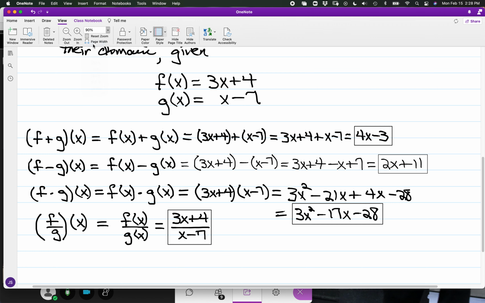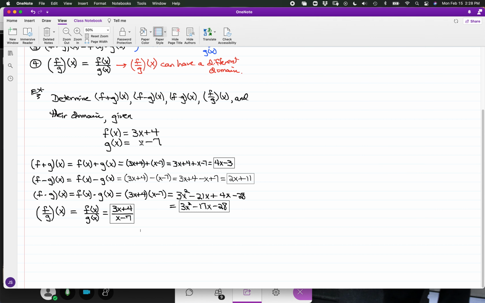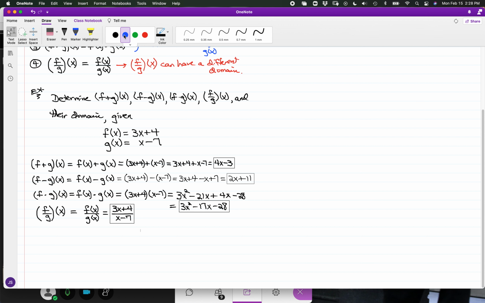Now, in the case of the domains, with f of x equal to 3x plus 4 and g of x equal to x minus 7, both of these are linear functions, and we do not have any even root radicals, nor any fractions involved. So x for both of these can be anything: 0, positive, or negative.